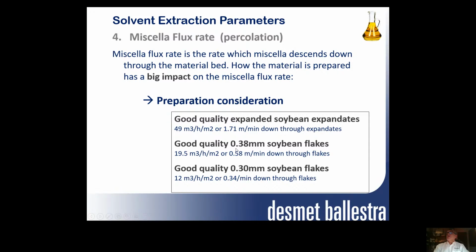But if we use flakes with 0.38 millimeter thickness, we will have something like 20 cubic meters per hour per square meter, as the percolation or flux rate parameter. If we use 0.3 millimeters, we will have almost half of that. Naturally, this will continuously change depending on the fines, moisture, quality of material, etc.